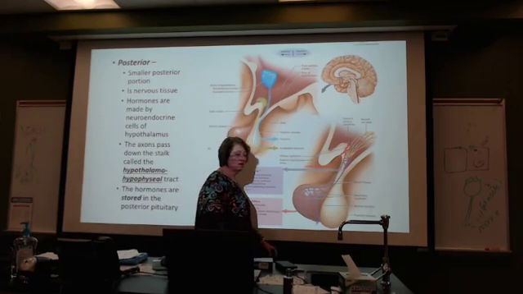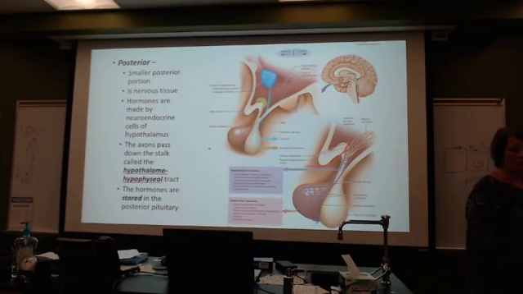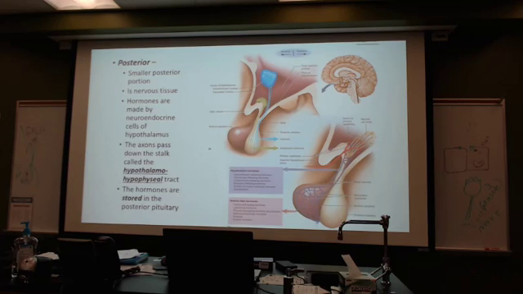A major difference between the anterior and the posterior. The hormones of the posterior pituitary are stored. In other words, the product gets made and the posterior pituitary stores it. Anterior pituitary doesn't.